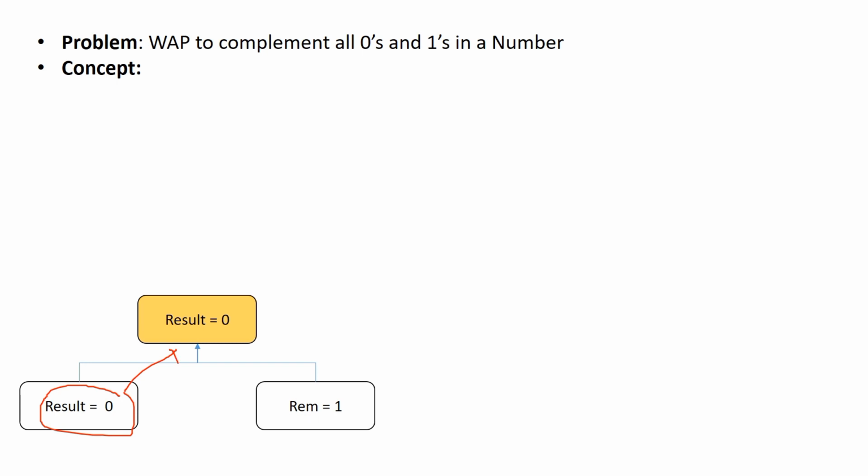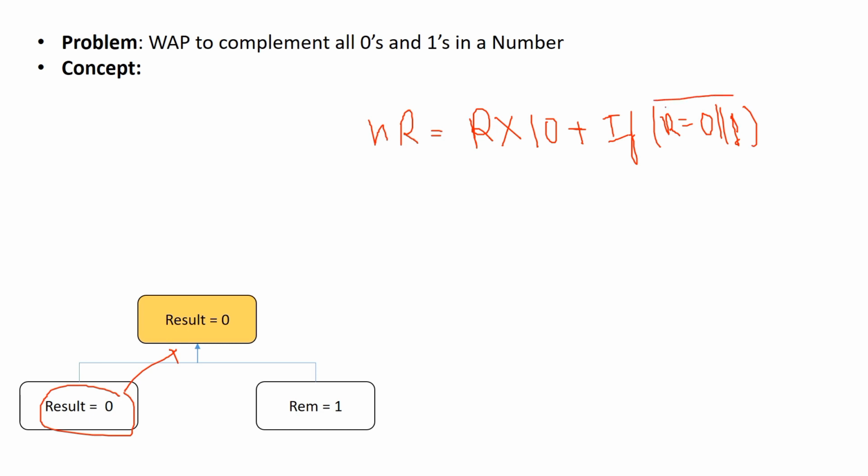The formula we have used is: next result is equal to previous result, or previous return value, into 10 plus, if your remainder is 0 or 1, then we take its complement.